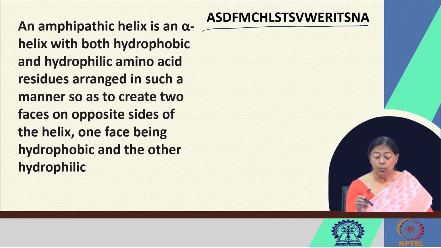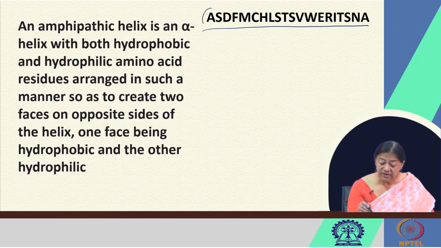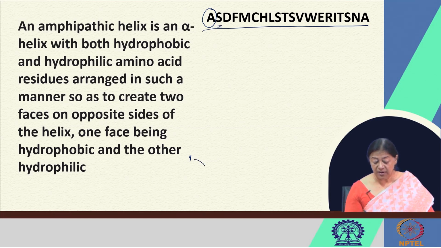What do we know? We know that residue number 1, alanine, is going to be at the top, say. The second residue, serine, is going to be 100 degrees away. So if we draw a circle like this, or just draw an axis like this, we know that this is 90 degrees, so we can say that this is around 100. If alanine is here, it means serine is here.